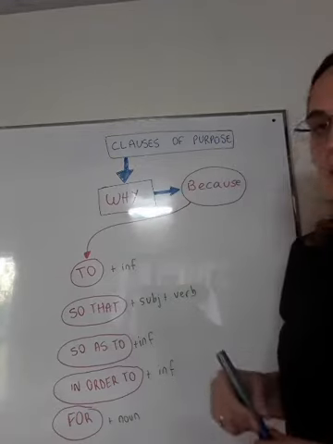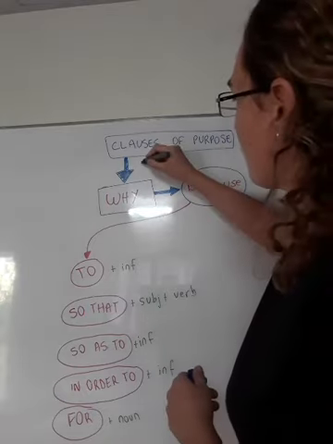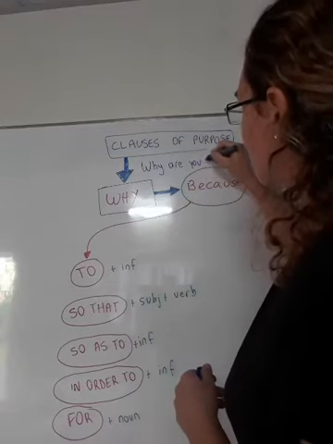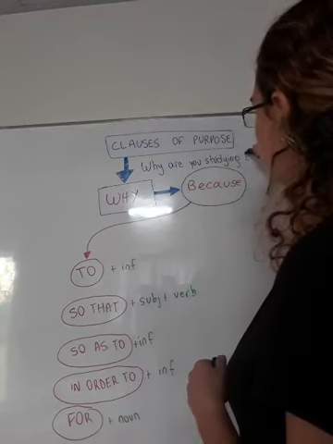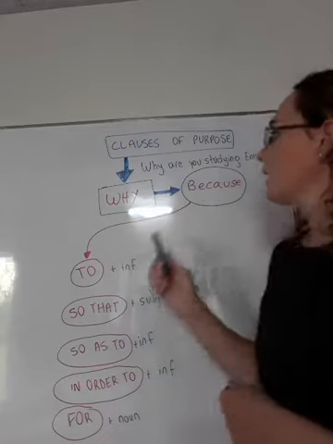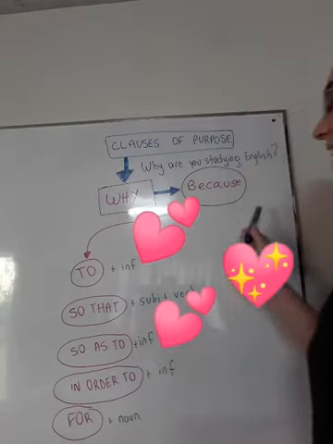So, for example, let's suppose that I have this question. Why are you studying English? So, what would be your answer? I am studying English because I love it. Okay.